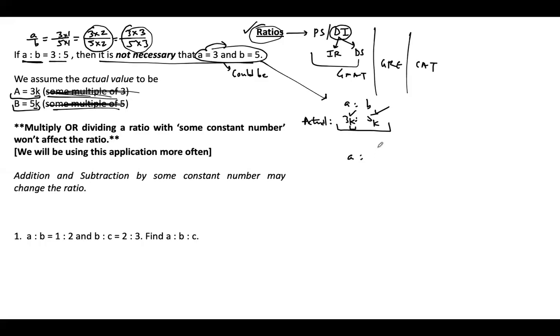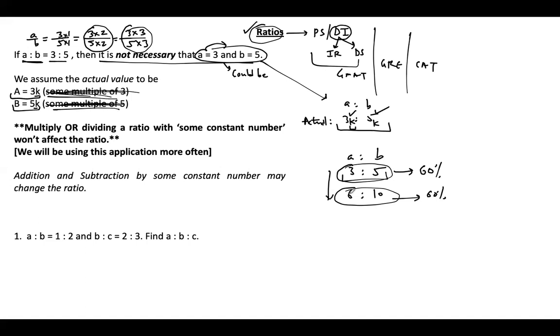Similarly, if A ratio B is 3 is to 5 and I multiply the ratio by 2, we get 6 is to 10. What is 3 by 5 in percentages? 60%. Similarly, 6 by 10 would also be 60%.